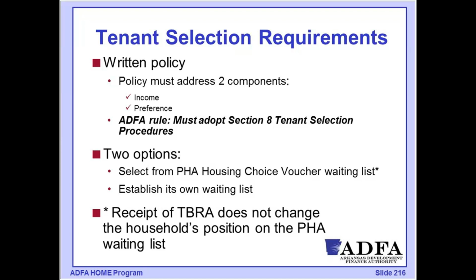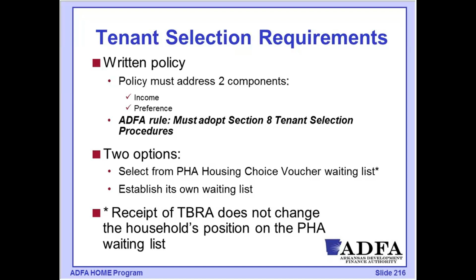There is the opportunity to use a couple of options on how that works. You could use the public housing choice voucher waiting list. So you've got folks that have signed up, they're income eligible, but there's not currently an availability for that housing choice voucher. So if we use that waiting list and we provide them with the TBRA assistance, they don't lose their place on the PHA waiting list.